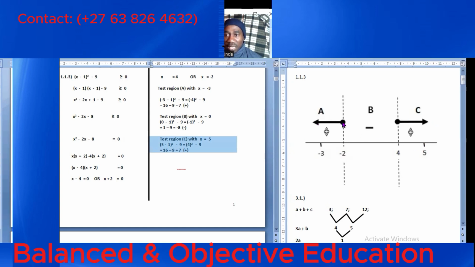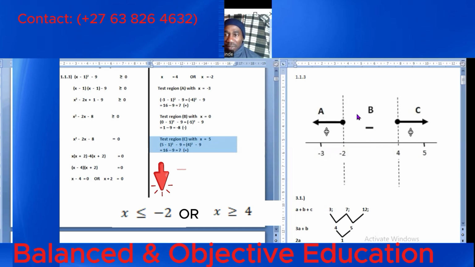And you will see here that I used a solid circle. I use this solid circle because we are dealing with greater than or equal to. If it were greater than only, this circle would be open. But because you are dealing with greater than or equal to, then you have to shade. This circle must be solid. Now, it means that the solution to this inequality will be all values of x that are less than or equal to -2, or all values of x that are greater than or equal to +4.